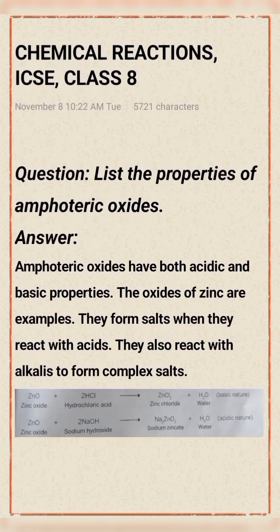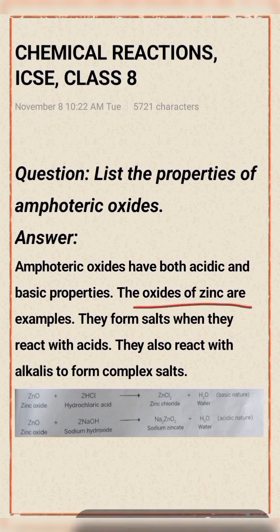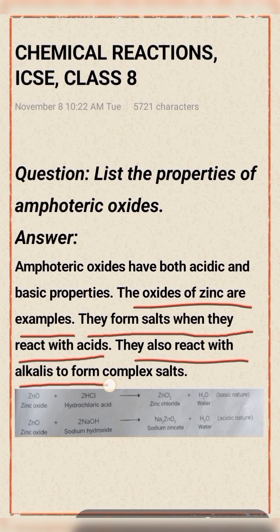Next question, list the properties of amphoteric oxides. Okay, amphoteric oxides have both acidic and basic properties. Oxide of zinc is an example. They form salt when they react with acid. They also react with alkalis to form complex salt.